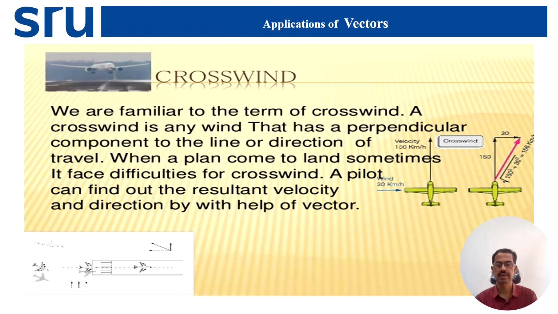In which direction he must land. He must know the velocity and direction of the crosswind and also the velocity and direction of the flight. These are all vectors. Otherwise, unexpectedly the flights meet with accidents. This is because of crosswind. Okay.